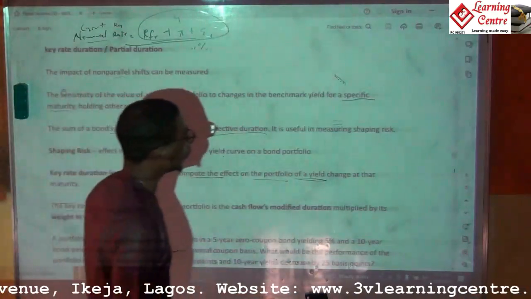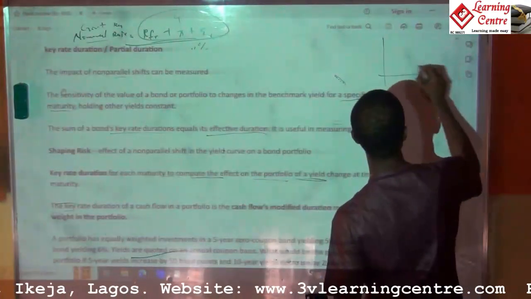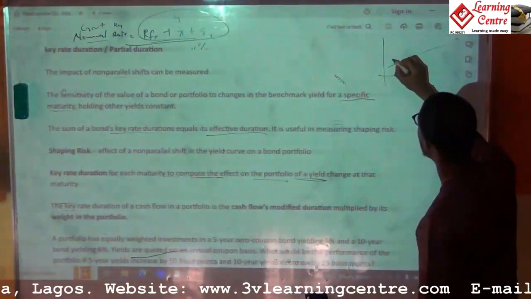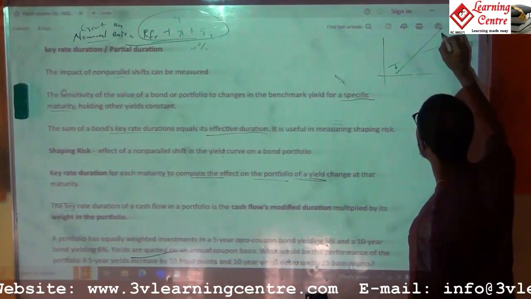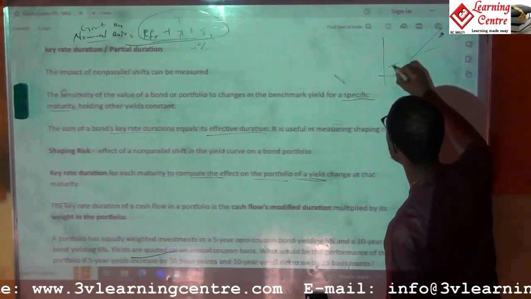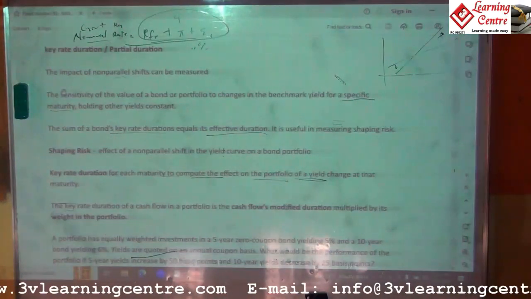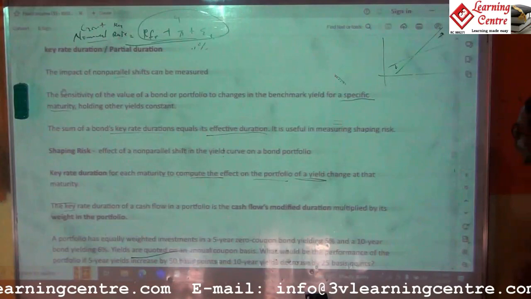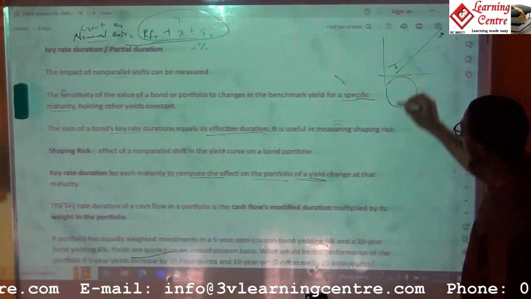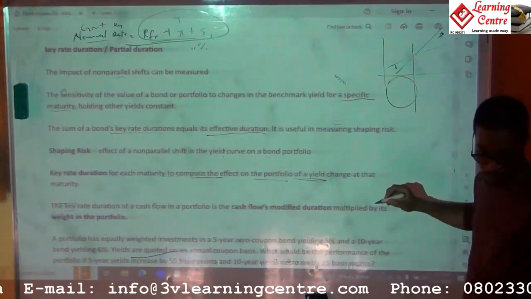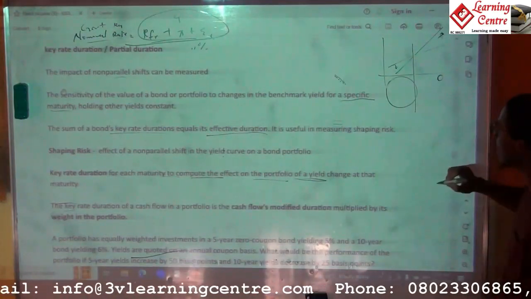So I have a bond portfolio. If they then tell me that the yield curve changes from what you have to something like this, the short term going down, the long term going down, how will my portfolio react to this? If the bulk of the bonds in your portfolio are on the shorter end of the curve, you have very small holdings on this side.